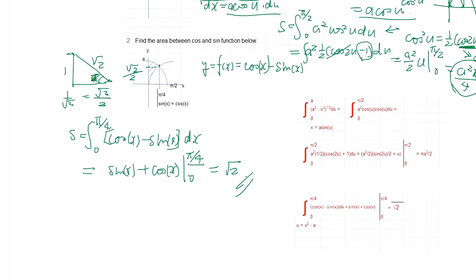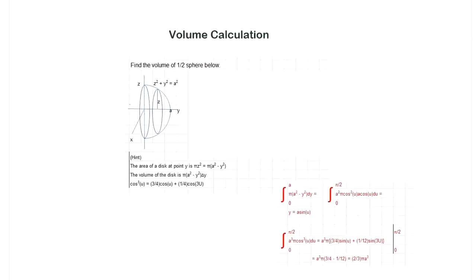Okay, next one, volume. Now in this case, in order to simplify the 3D integral, we consider this disk area S, where the radius is z, so S equals pi z squared, right?